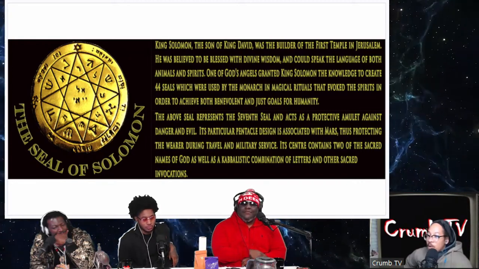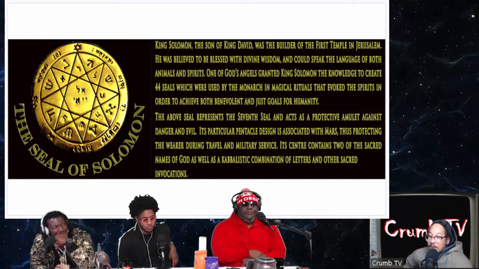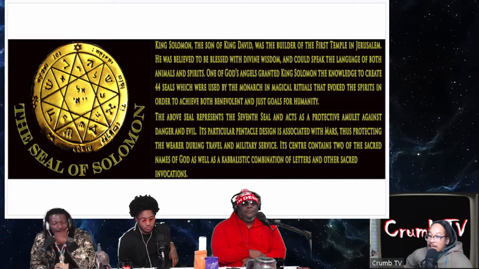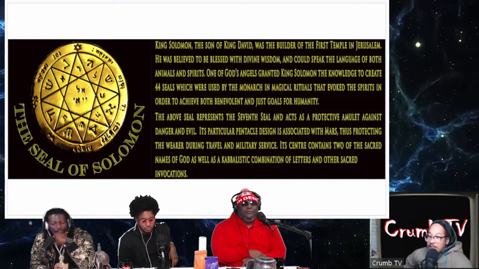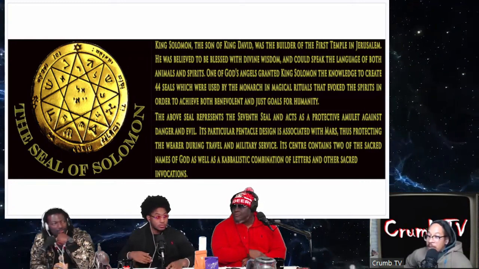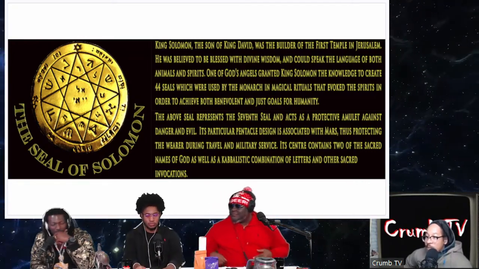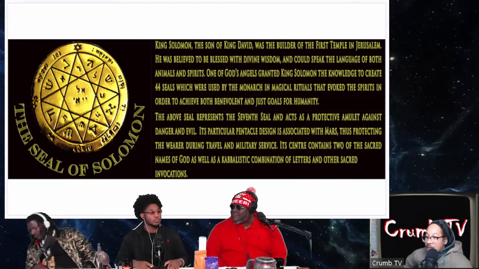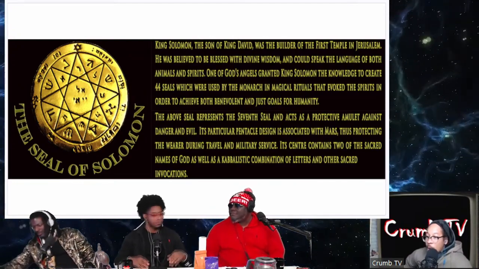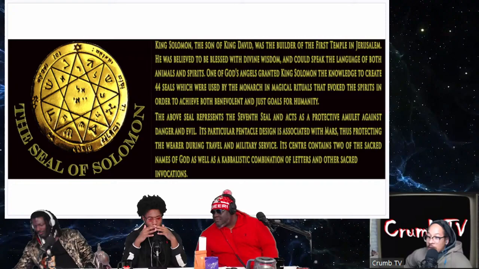The above seal represents the seventh seal and acts as a protective amulet against danger and evil. Its particular pinnacle design is associated with Mars, thus protecting the wearer during travel and military service.